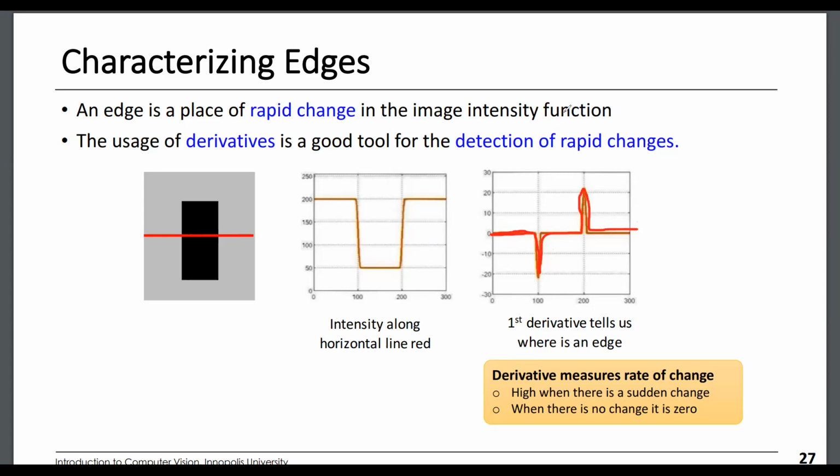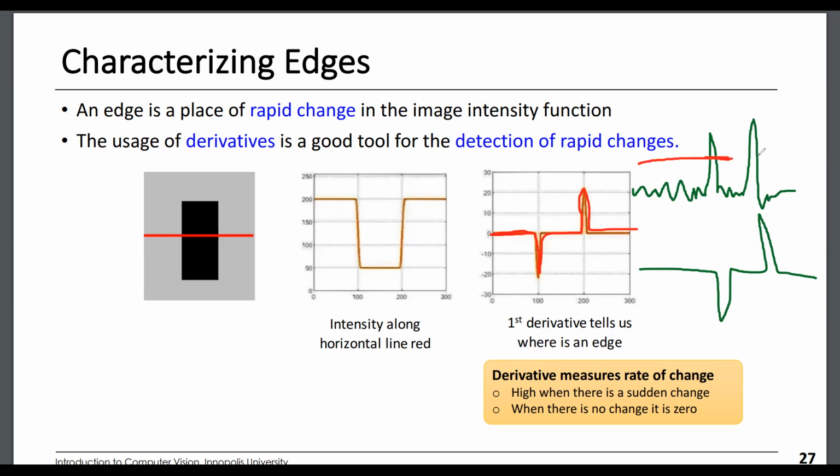Now, this is a perfect scenario where you have 0 and then some value, 0 and then some value. But in most cases, you're going to have something like this and then a big value, and then something like this and then a big value. So this forces you to introduce the concept of what is a big enough change. Is this big enough, or is this big enough?